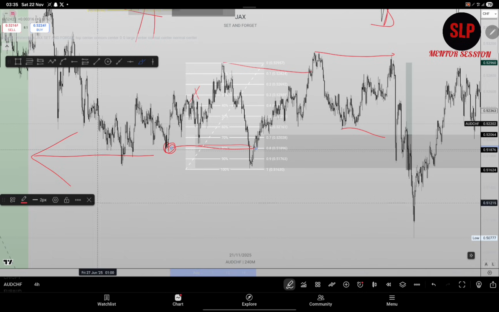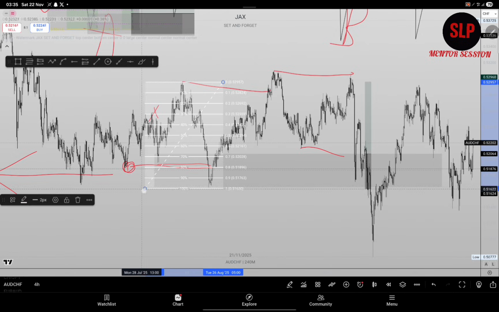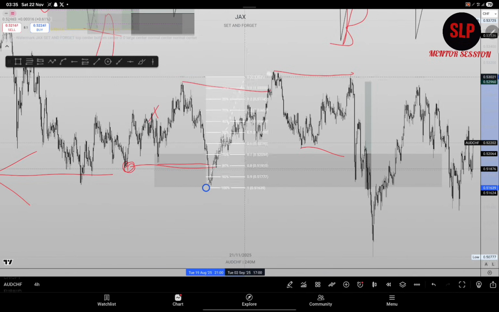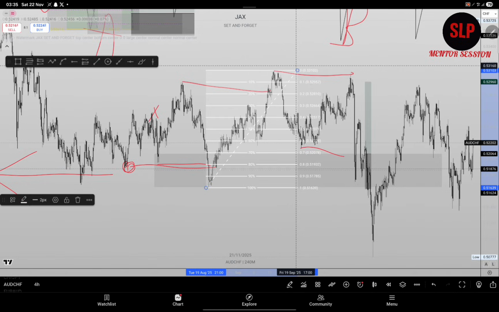Valid stuff. This sweep is at 80%. Where's our structural liquidity at? Our structural liquidity is at 60%. Very simple. When you measure it like this, you get exactly what you need. You take the trade. So you can see the structural liquidity is at 60%.